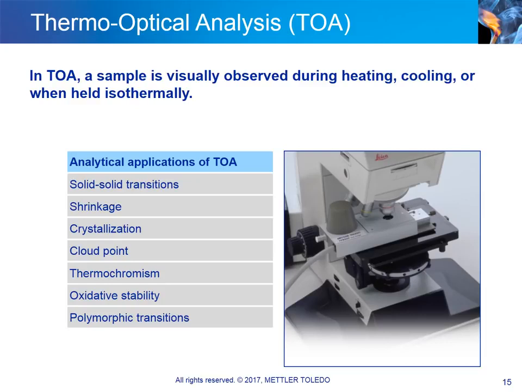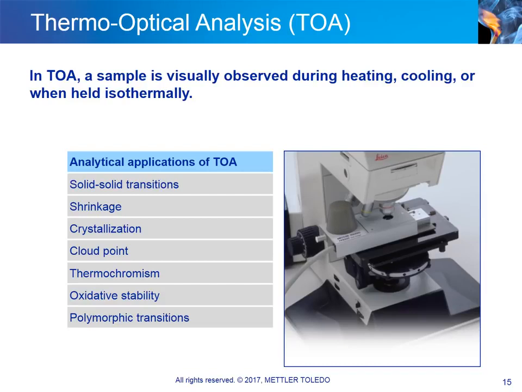During the temperature program, images of the sample are continuously captured in transmission using a suitable camera. Processes such as decomposition, solid-solid transitions, and melting or crystallization can then be observed in situ.